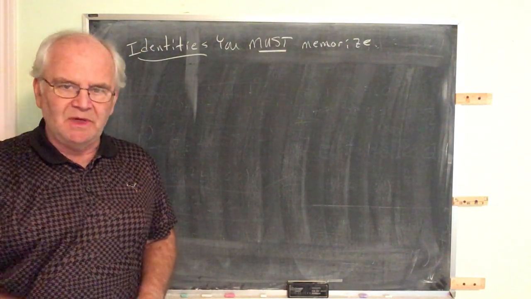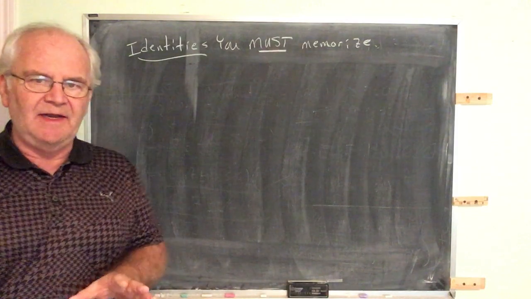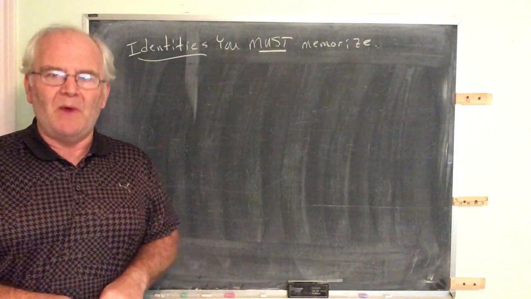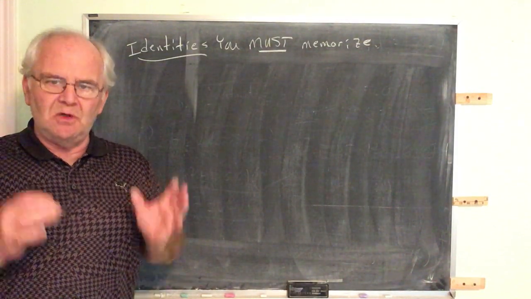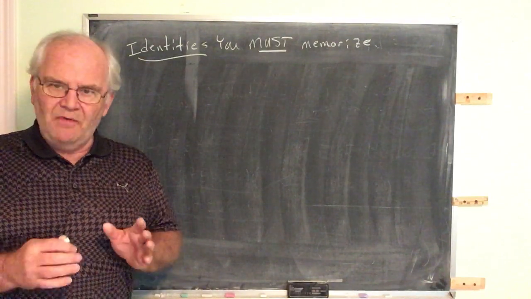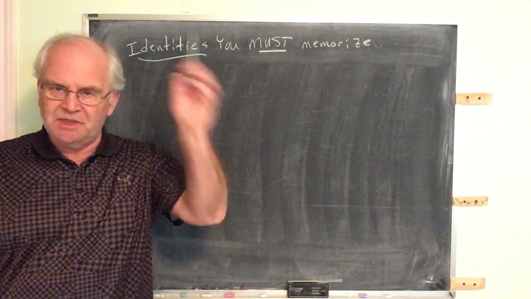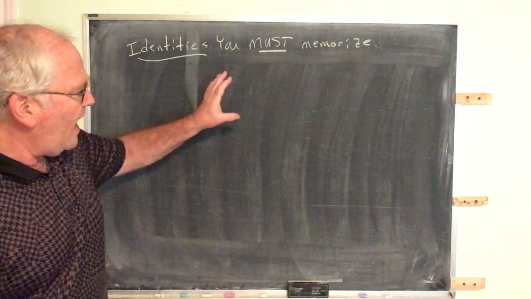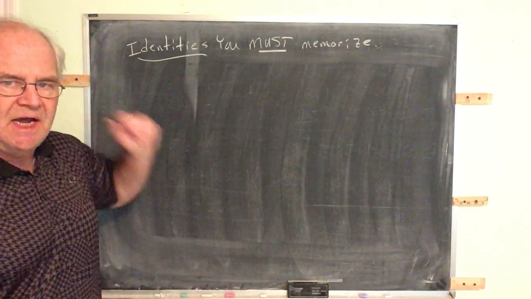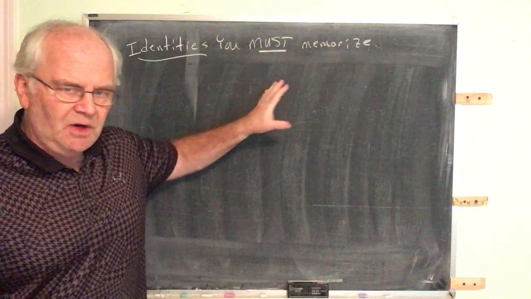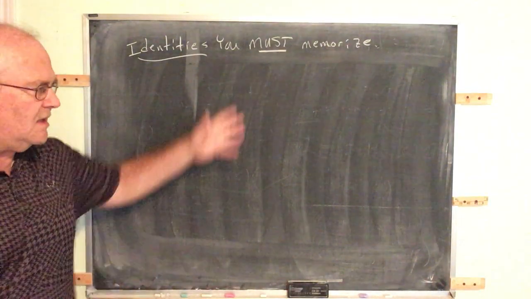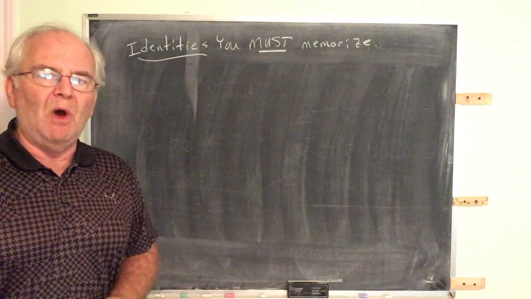For exams, I will give you the left-hand side of the identity, and you must write down the right-hand side. You must learn these so that when you get in your, let's say, Calculus 2 class, and Professor so-and-so says, okay, we have this value involving cosine, and we're going to use this identity to rewrite it in some other form, you know what they're talking about.